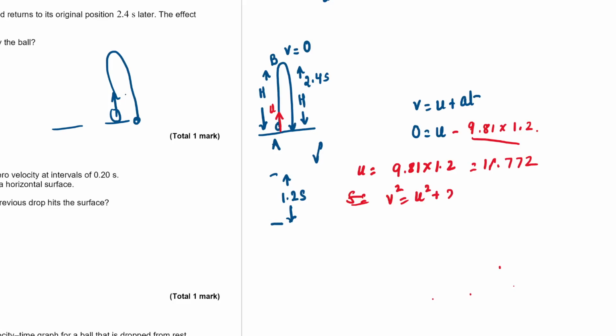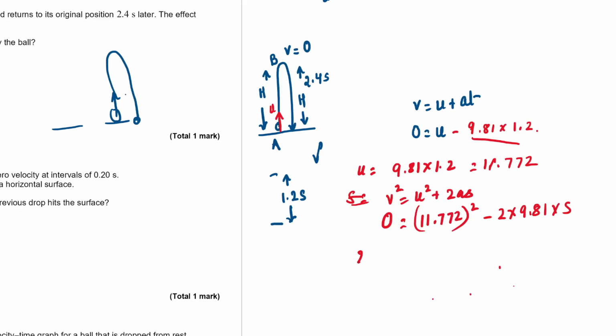Final is 0. We have 11.772 squared. I'm taking all the significant figures because I want as little error in my answer as possible. That is why all of that.